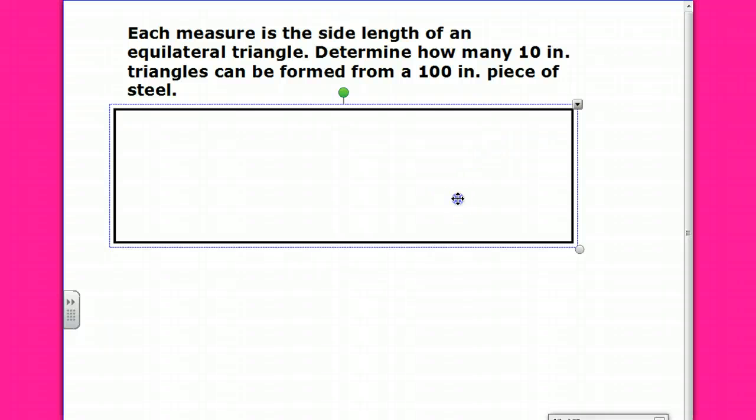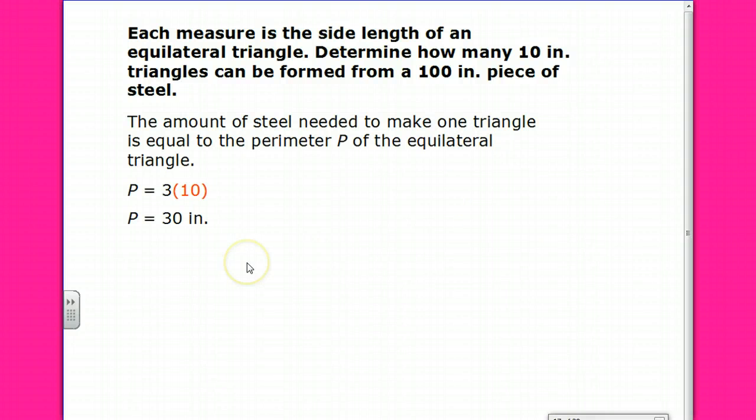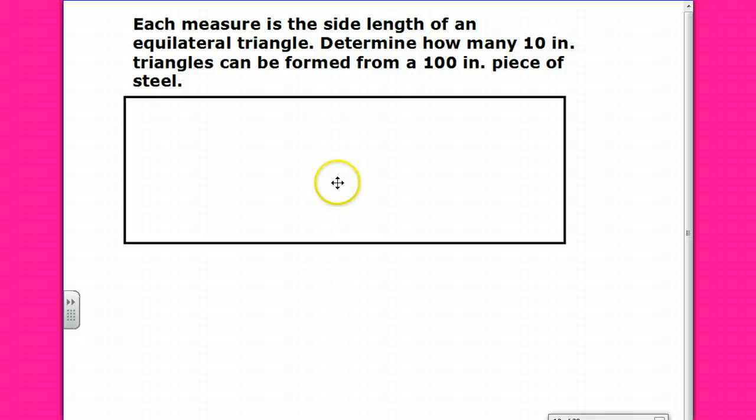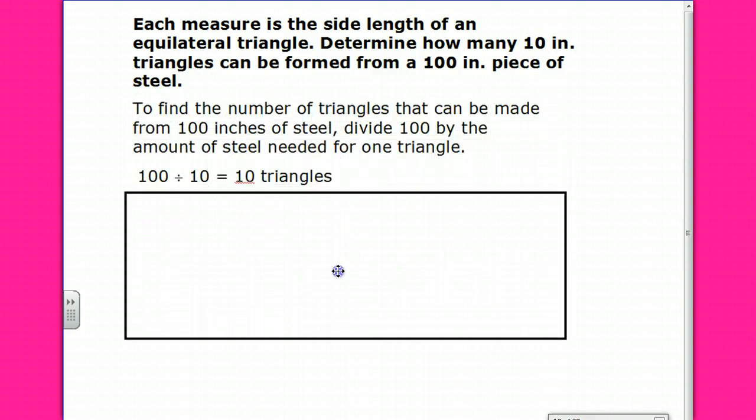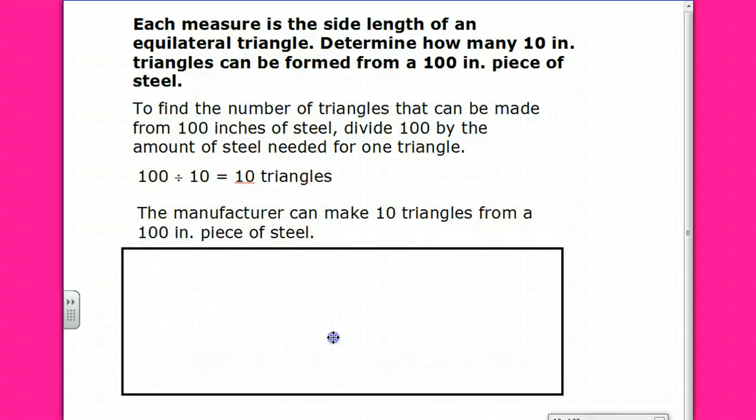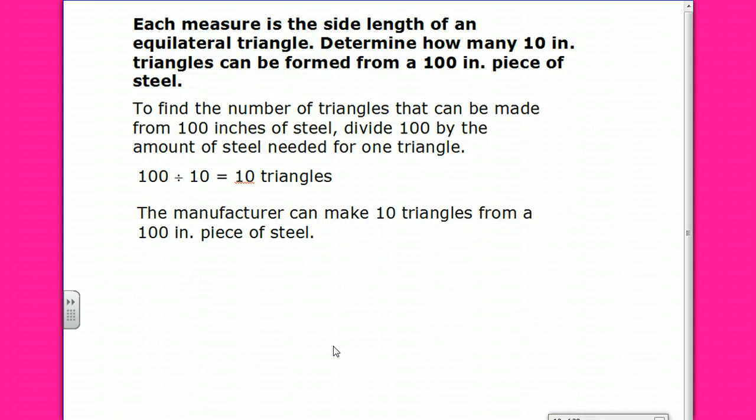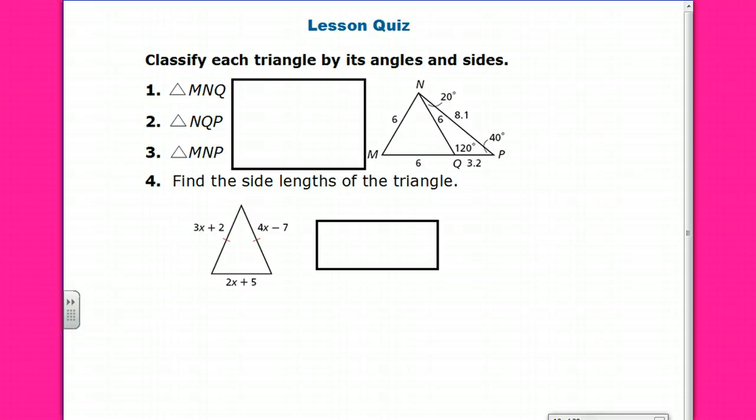So that would be 30 inches per triangle. And now if I have 100 inches to use, I could simply divide 100 by 10, and I can make 10 triangles from a 100-inch piece of steel. All right, try the lesson quiz, and then come back when you're ready to check your work.